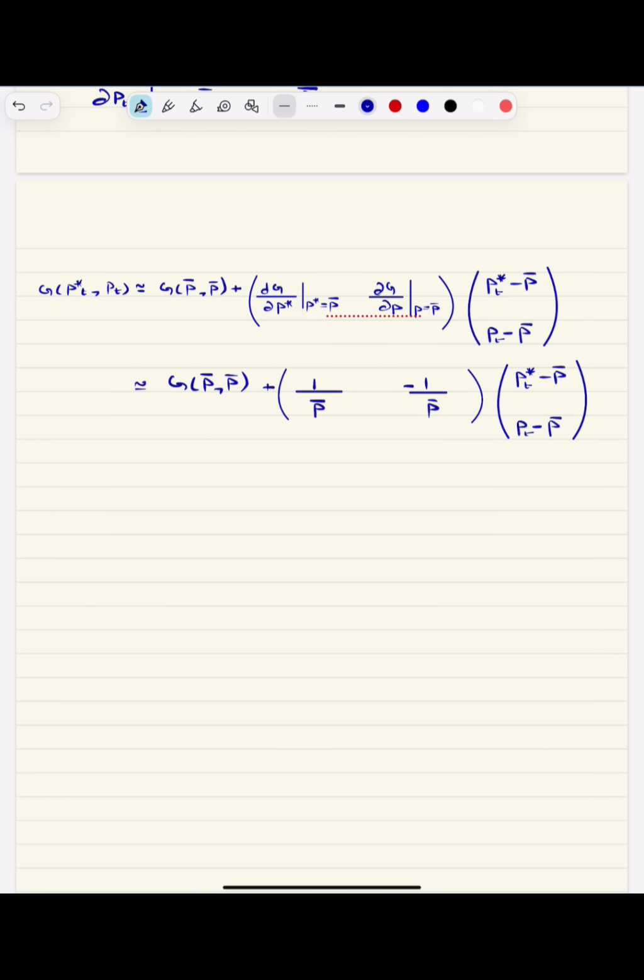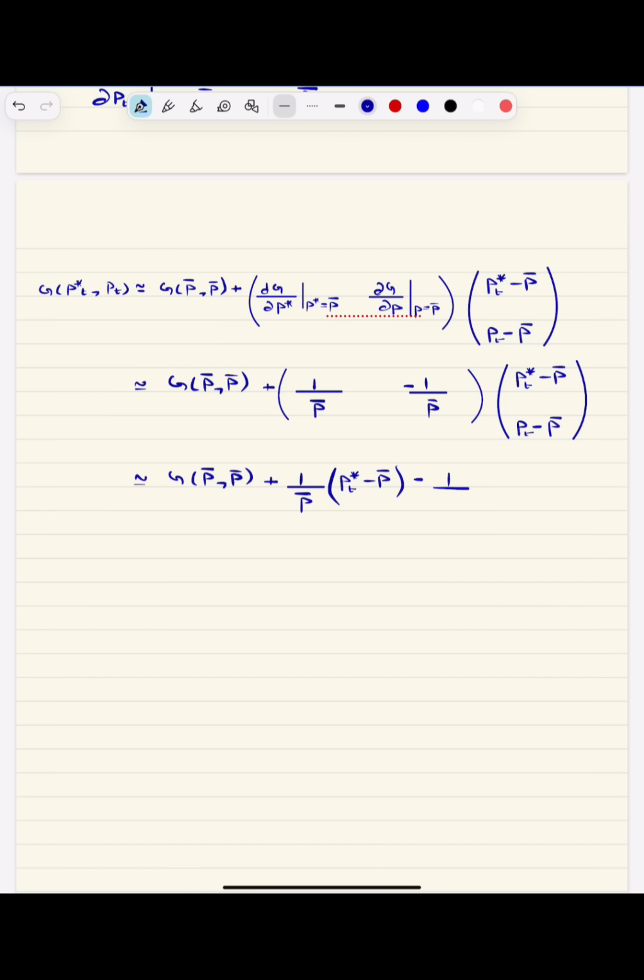Okay, so therefore we get g of P bar, P bar. Remember, this is a 1 by 2 matrix and this is a 2 by 1, right? So we're going to get a 1 by 1. So it's just one entry, sort of like the inner product. So 1 over P bar into this, right?